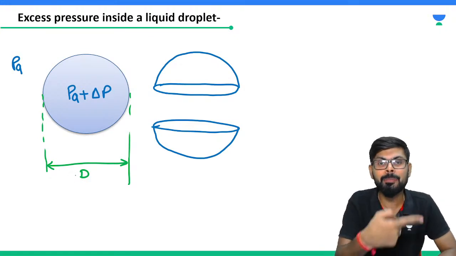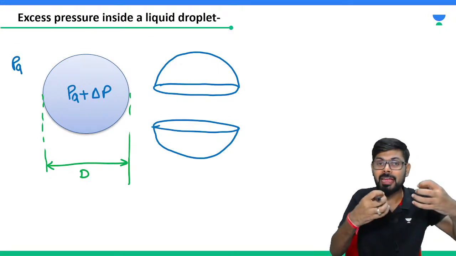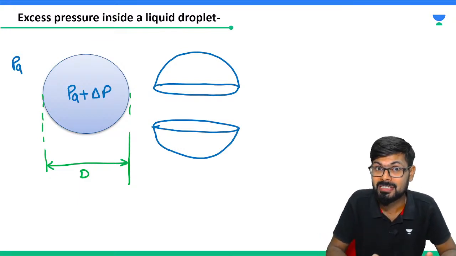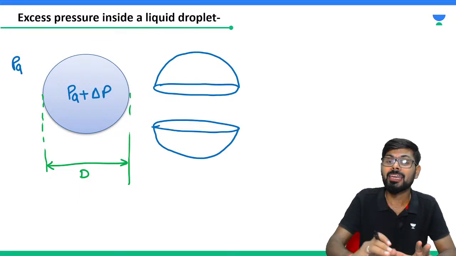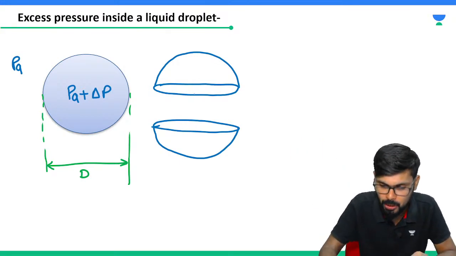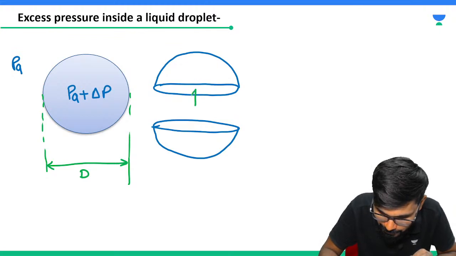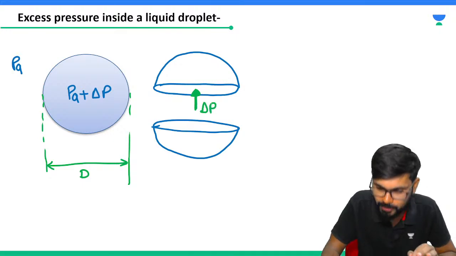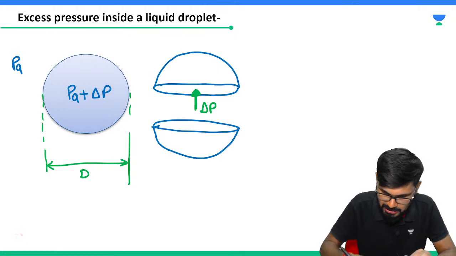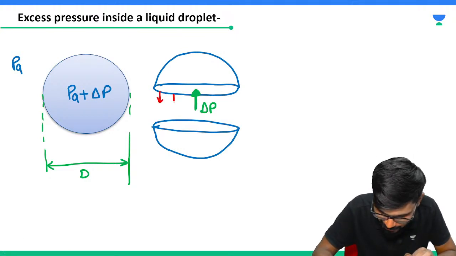Now PA and PA are going to cancel. The inside excess pressure is delta P, and that is only going to be balanced by surface tension. As I am going to equate it with surface tension, there is no need to consider PA, because PA will cancel out. So here delta P will act. This delta P is going to be balanced by surface tension, and that surface tension will be a line force.